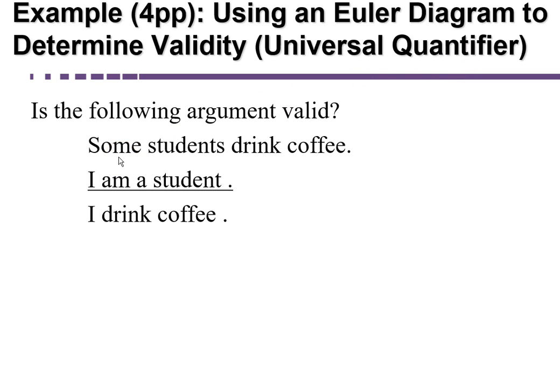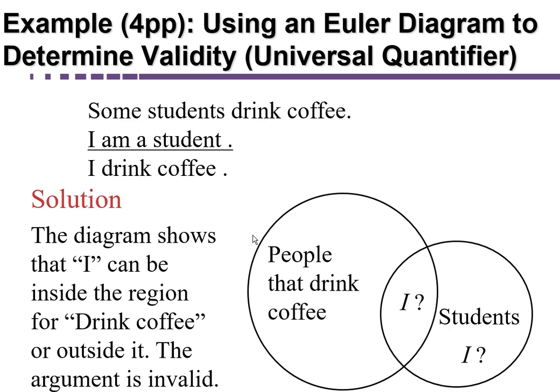Some is an existential quantifier. Some students drink coffee. I am a student. I drink coffee.